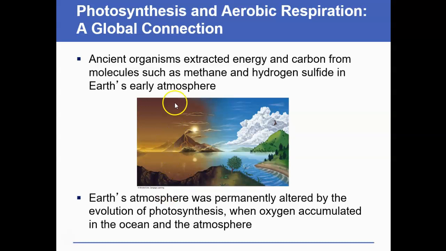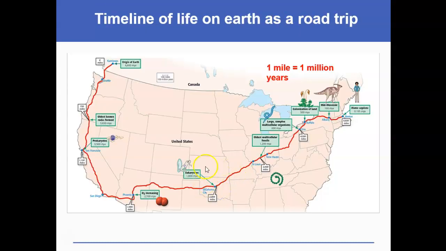When oxygen started to accumulate, it completely changed the chemistry on Earth and allowed for the evolution of those eukaryotic organisms doing aerobic respiration like we saw last week, and allowed for the rest of evolution to play out in the way it did.